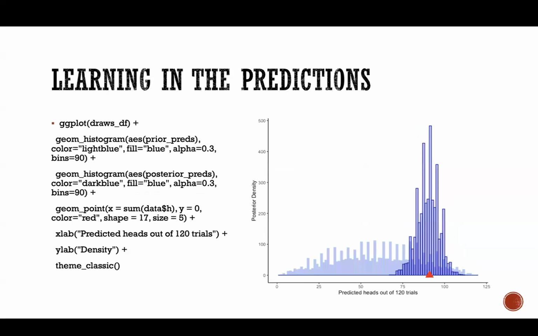We can also look at how the predictions change from prior to posterior predictions. Again, it mirrors a bit what we've seen in the prior and posterior of the theta parameter, but once we have more complex models, this is going to be more important. The model has learned, has shrunk its predictions in the right direction. It has shrunk them centered roughly on the true value.